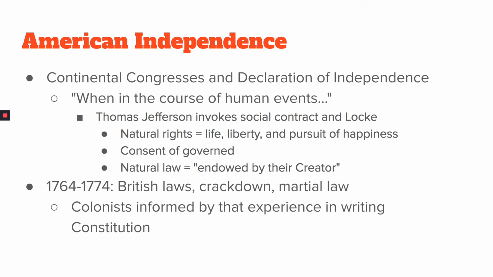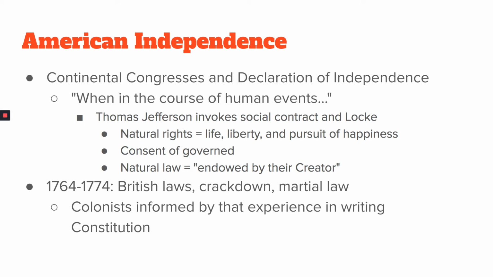This happens over a period of 10 years, and so by the time we get to 1774, the colonies are on the brink of rebellion, and what happens is the founders start looking for some type of justification, and they find it in the words of John Locke, who invokes something in his own writings known as the social contract, which is this idea that out of a state of anarchy, which he called the state of nature, humans got together and agreed to give up some of their absolute rights to a government that would provide them security and protect their private property rights.